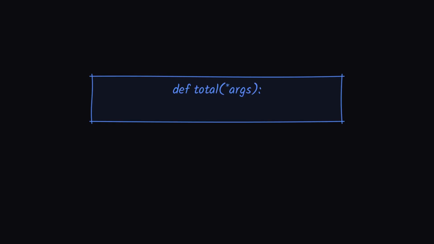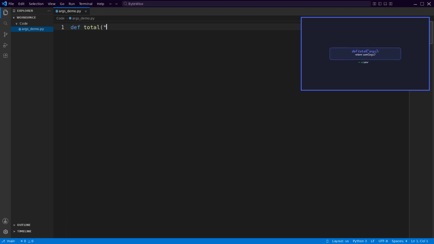The star before args collects all positional arguments into a tuple. The body uses the built-in sum function on that tuple. Returns the sum back to the caller. 2 arguments. 5 arguments. 1 argument. The same function handles all of them.